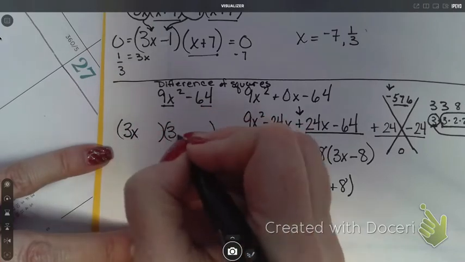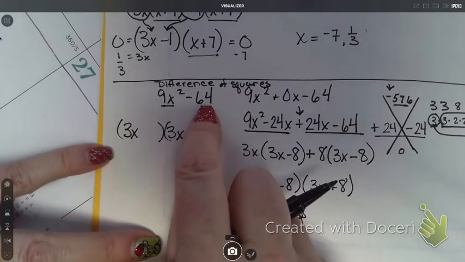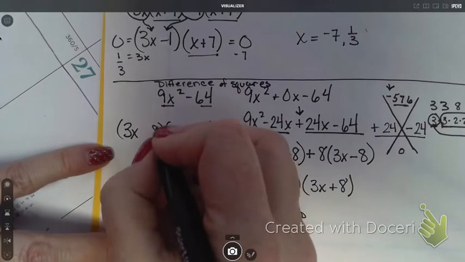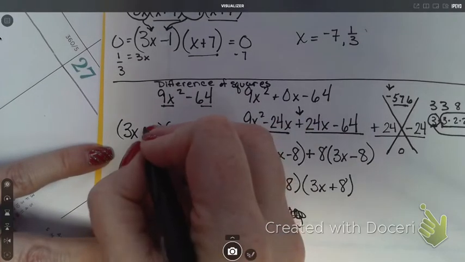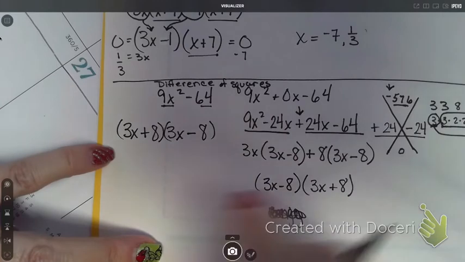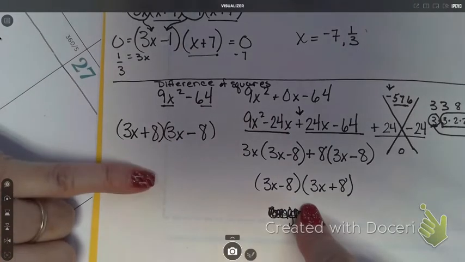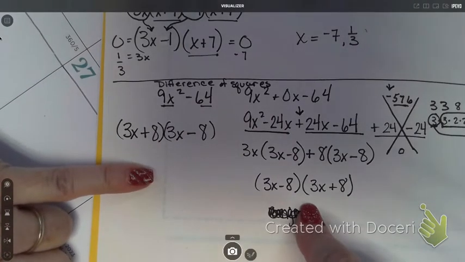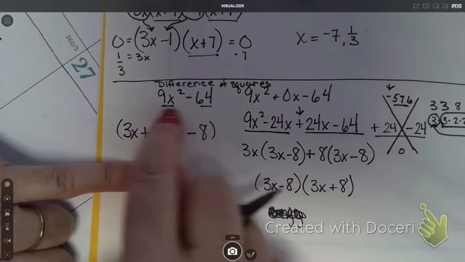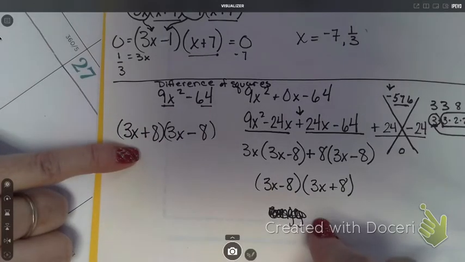And 3x. What's the square root of 64? 8. 8 and 8. One's plus and one's minus. Isn't that what we got? So if you would have identified that, could you save yourself a lot of time? Yes.